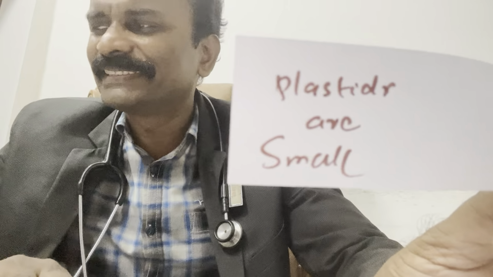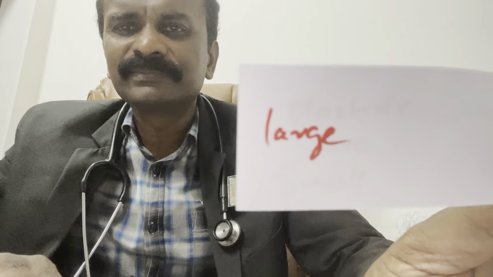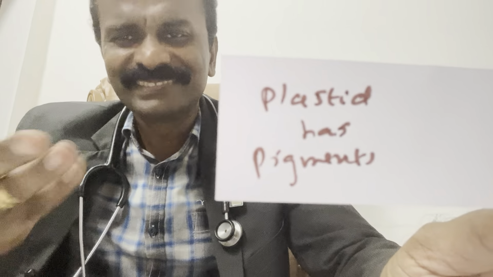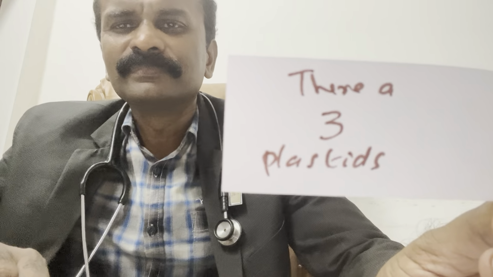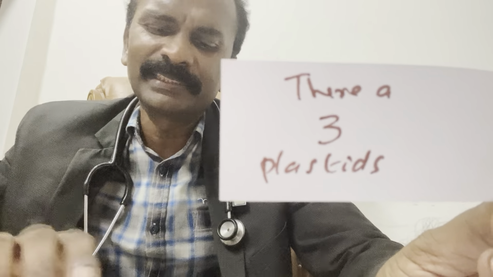Plastids are small. True or false? Plastids are large. Plastids have pigments. Yes, it is a true statement. There are 3 plastids. True or false? How many plastids are there in your textbook? They say 3 plastids.